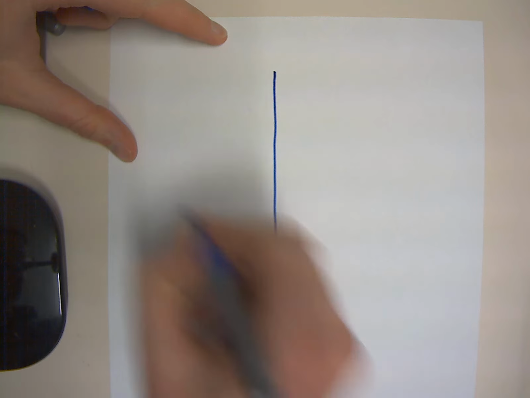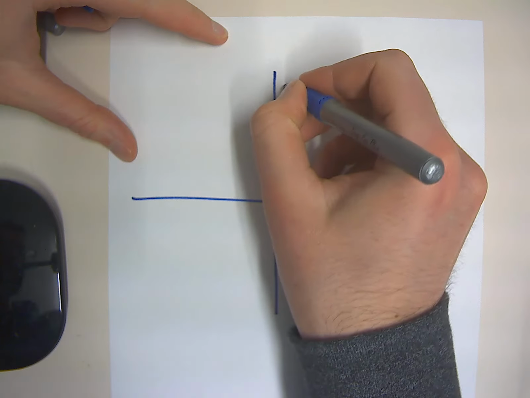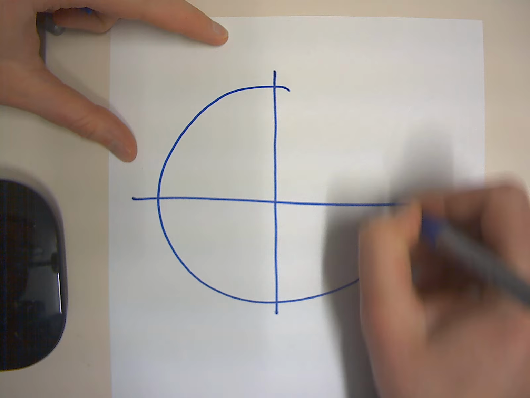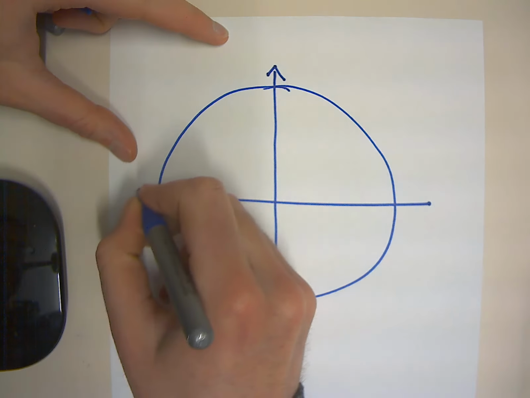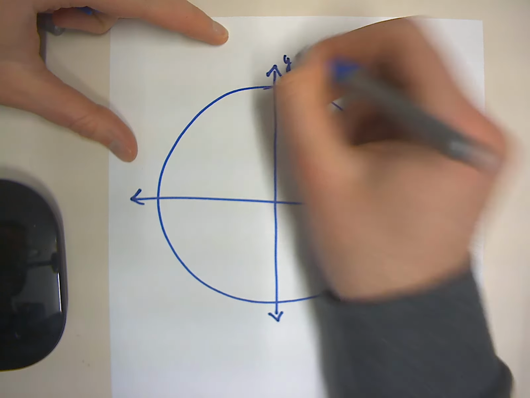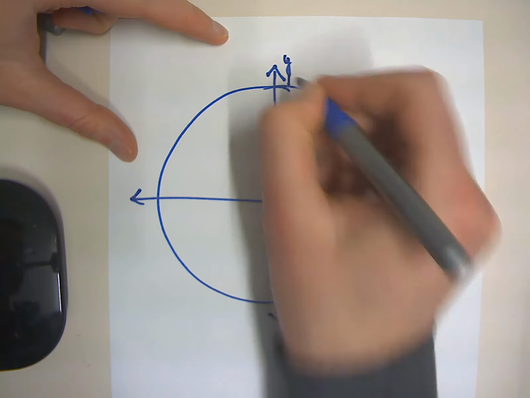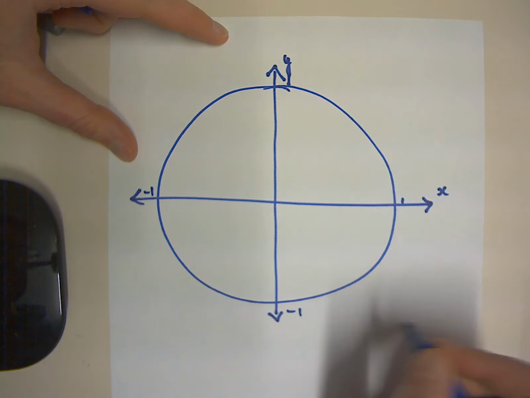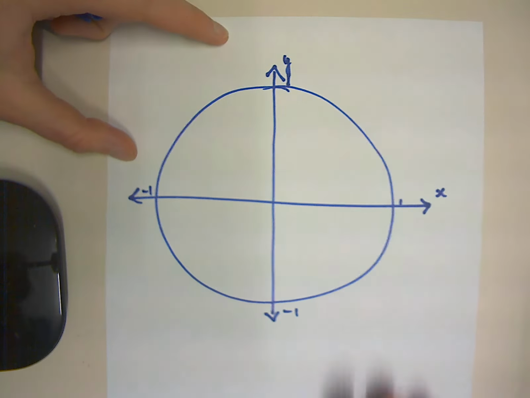So, if I take a unit circle again, draw up my x and y axes, okay, so this is my unit circle.